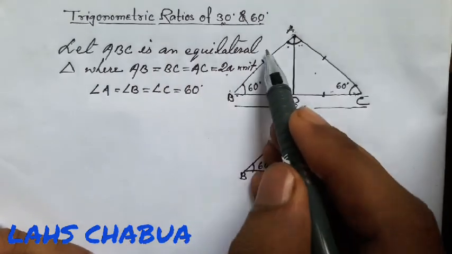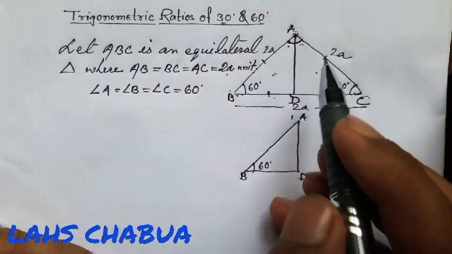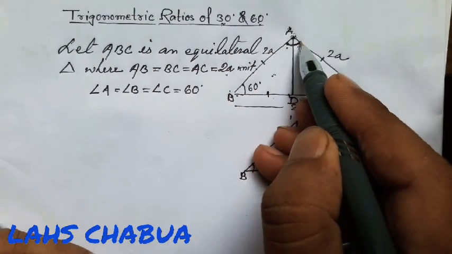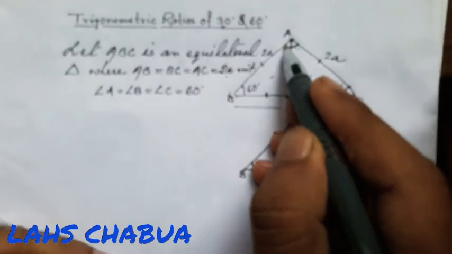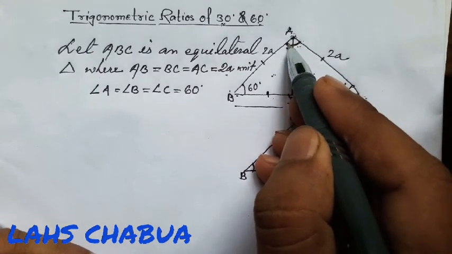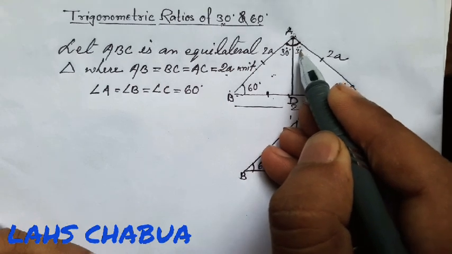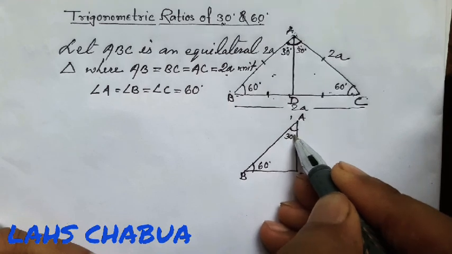The same way AB is also 2A unit and AC is also 2A unit. This whole part is 60 degree and AD is the perpendicular bisector, bisecting angle A also. Since the whole part is 60 degrees, what will be the value of each part of the angle? 30, 30. So we are going to write here 30.